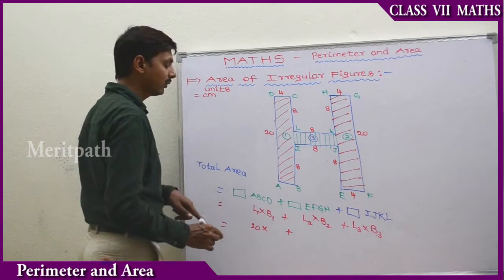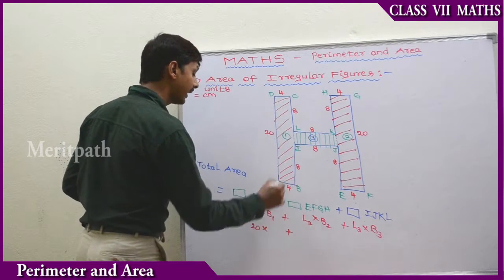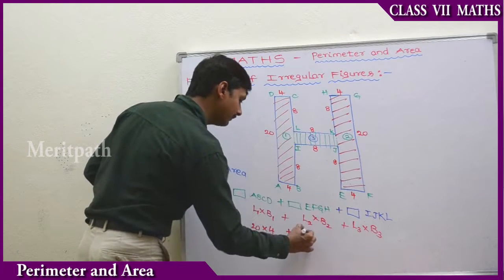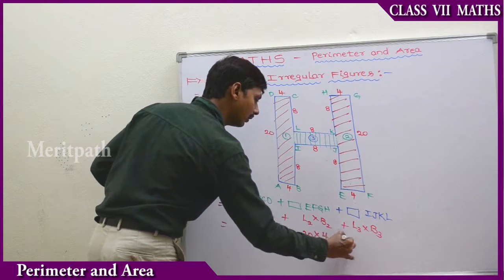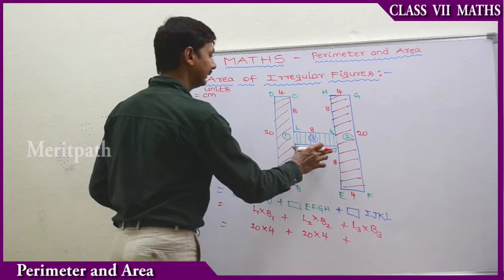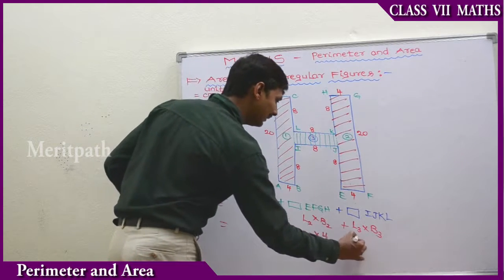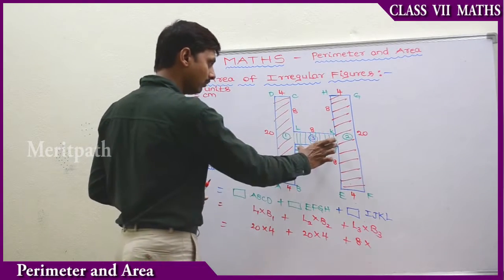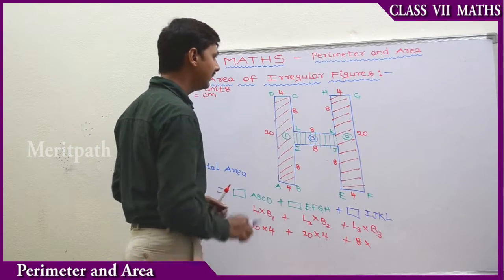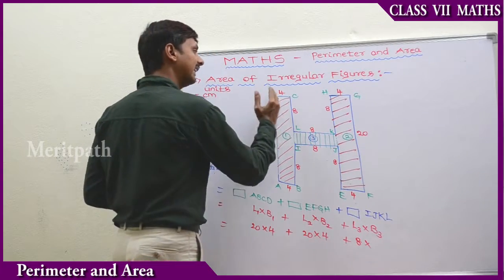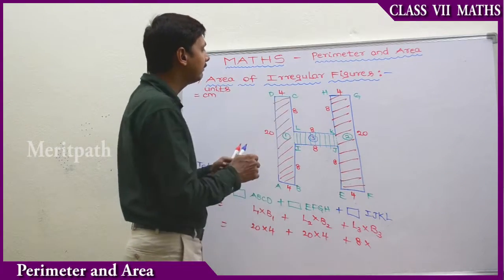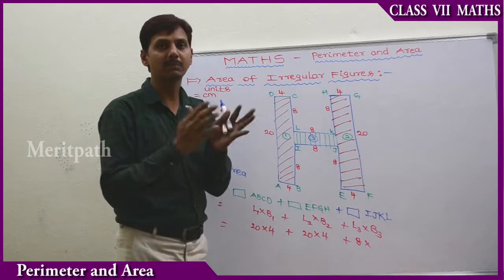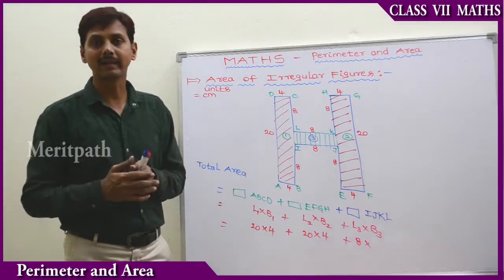The first rectangle has length 20 and breadth 4. Opposite sides are equal, and the second rectangle also has length 20 and breadth 4. The third rectangle has length 8, and we need to find its breadth. There is a measurement given on either side of rectangle ABCD: AD is 20 and BC is also 20 because opposite sides of a rectangle are equal.